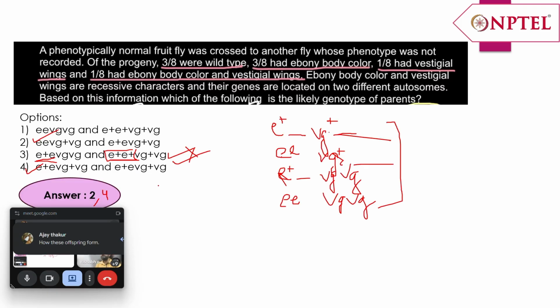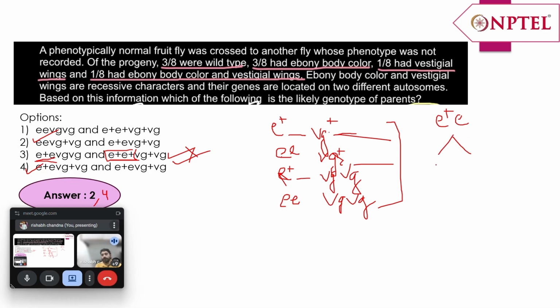So basically, the gametes would be different. For example, if this particular genotype is there, then two types of gametes will be formed, either E positive or small e. This is the wild type color and this is the ebony body color. Similar is the case with the wings. So this is wild type, and this is the vestigial wings.